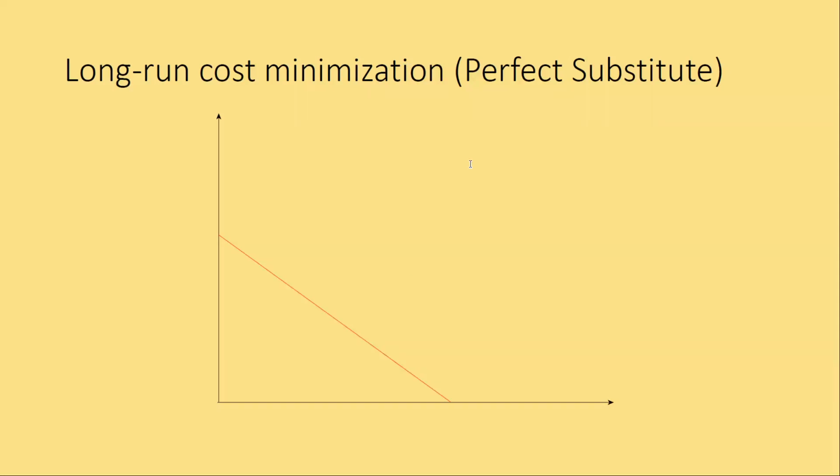So this is our isoquant, Q equals Q0. And we also have isocost curves. And it really depends on which one is steeper. So let's suppose the isocost curves are steeper than our isoquant. That means the isocost curves look something like this.